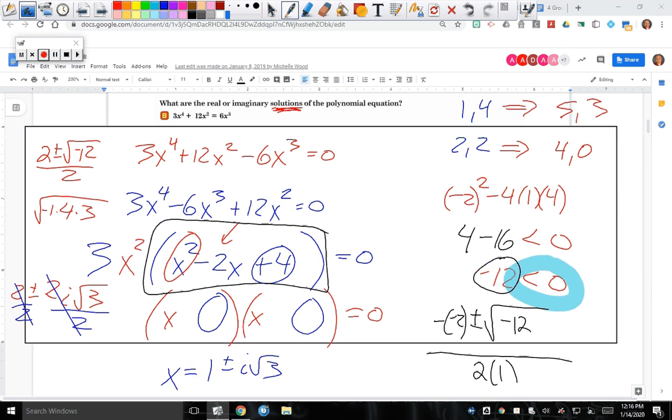How many answers are here right here that I just wrote? 1 plus or minus i root 3. 2 answers. Okay? Because one of them is this one. You're not alone. I had to see it like that too. And the other one is that one. And you can write them either way. If you want to separate them out or write them like combined, either way.